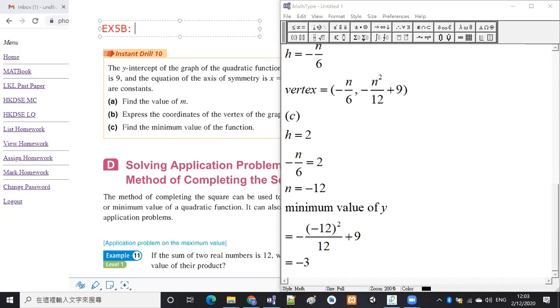Exercise 5B. 17, 18, 30, 31, and 32. So I give you 10 minutes and then I will check question number 17 and 18. But I don't have 10 minutes. Let me see. Just 3 minutes. Just do number 17 and 18. Okay, because we don't have time.